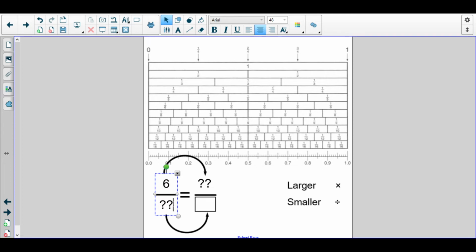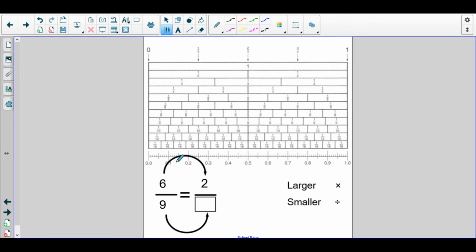Let's take a look at 6/9, and we will have that equal to 2 somethings. Don't know what those are. All right, so we went from a 6 to a 2.